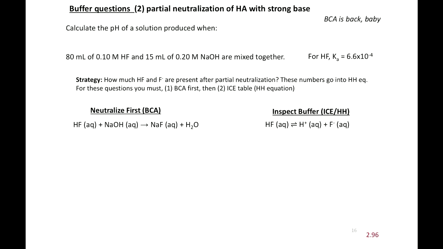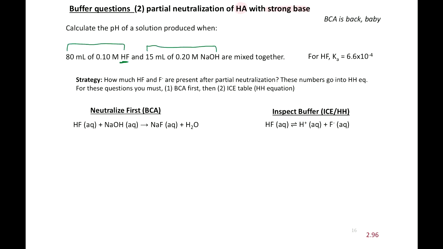All right, so this is the second type of buffer. We have HA and we mix it with a strong base, right? So let's see what we're putting in our beaker. We are putting 80 milliliters of HF and 15 milliliters of sodium hydroxide. So obviously HF is the acid. Don't think right off the bat that sodium hydroxide is the base.